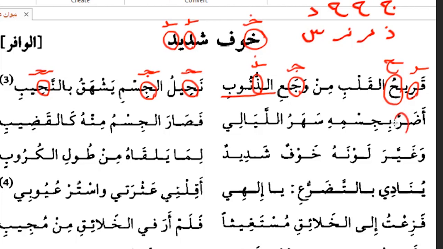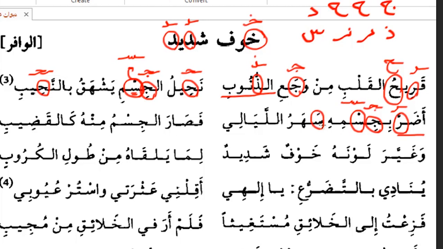Here we have a ra, so you can see the word ends here. It's connected from the right, so ra, jim, again, sin, there you go. Oh wait, there's another sin here, my bad. I totally missed it. Sin, see those little tiny curves, that's a sin, connecting from both left and right, in the middle of the word. We have seen here again, so just 1, 2, 3, seen.